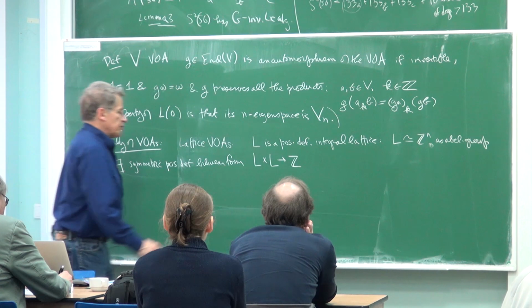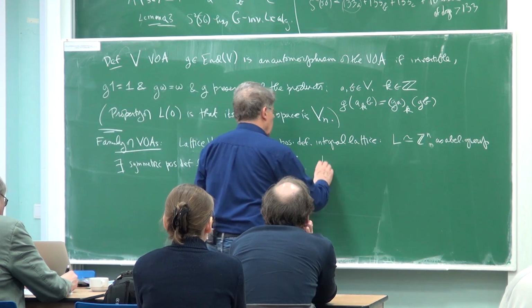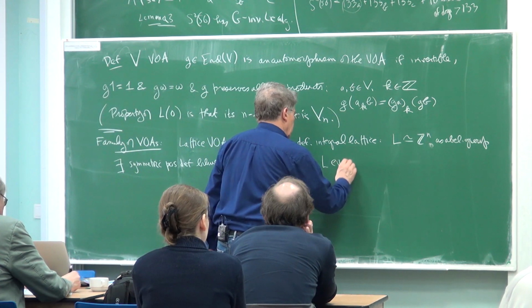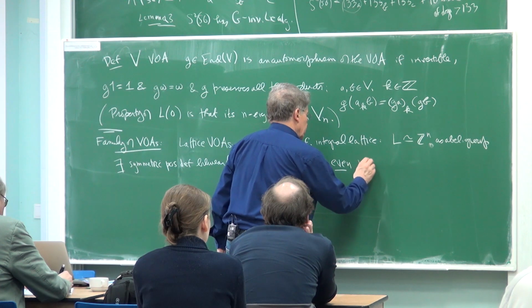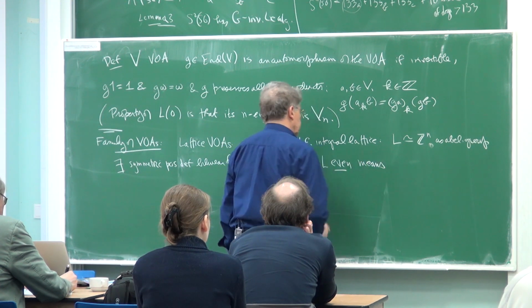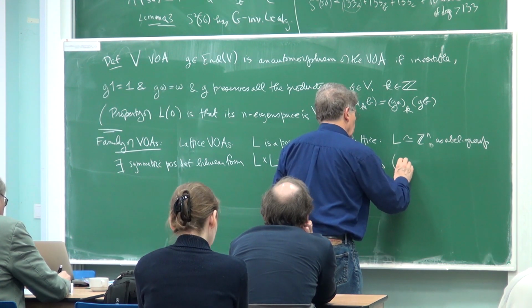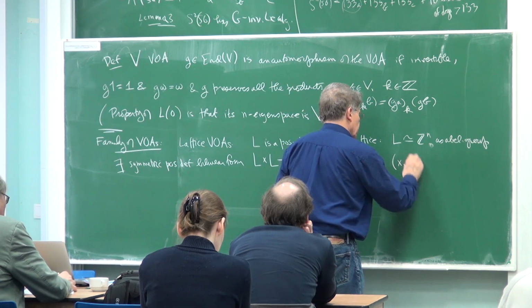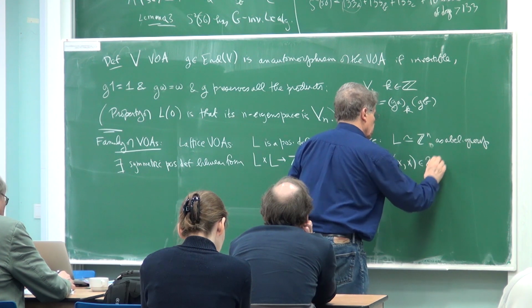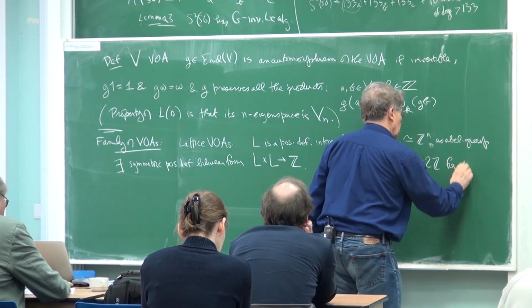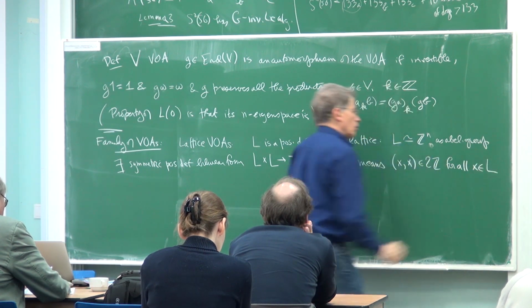Okay, so that's a lattice, and we also want the property that L is even, and that means that (x, x) is an even integer for all x in L.